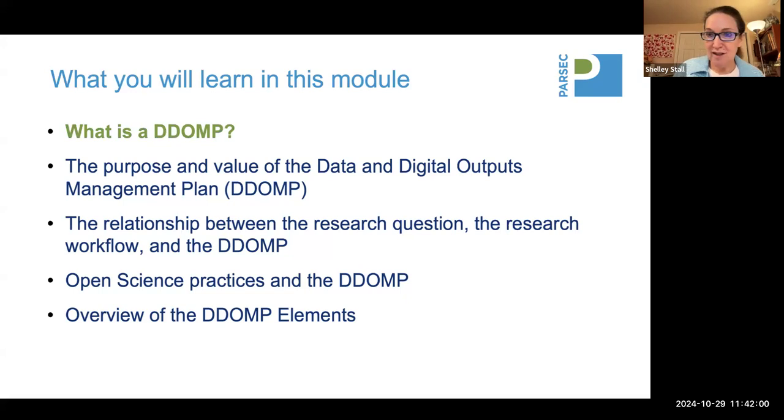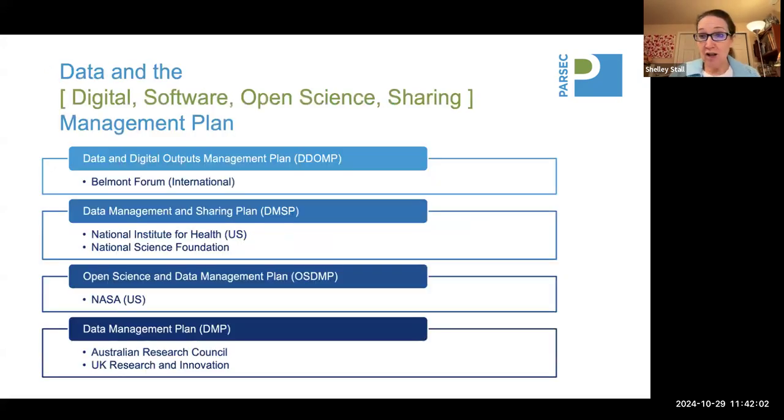So to begin, what is a DDOMP? First of all, especially in these last few years, the funders who primarily require the DDOMP, the Belmont Forum being one of them, and the nations that are part of the consortium, have different terms. And I just want you to know that overall, the goals are the same.